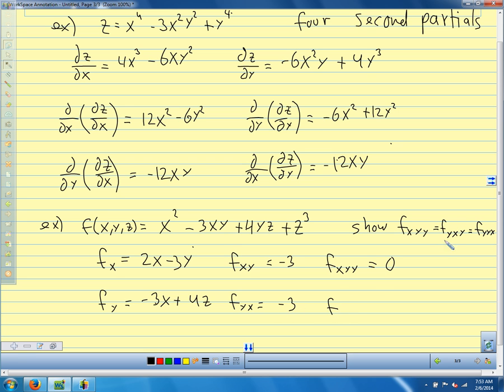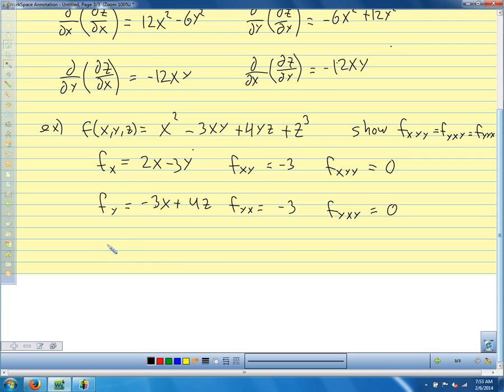And finally, for the last one, f sub yxy is 0. And I already have the partial with respect to y here. So I'm going to take the partial of that with respect to y. F sub yy is 0. So this last one's easy. F sub yyx is going to be 0. So these third mixed partials are all equal for this particular function.